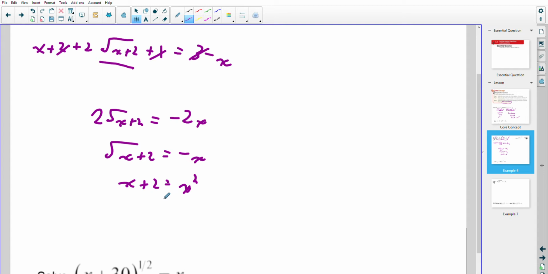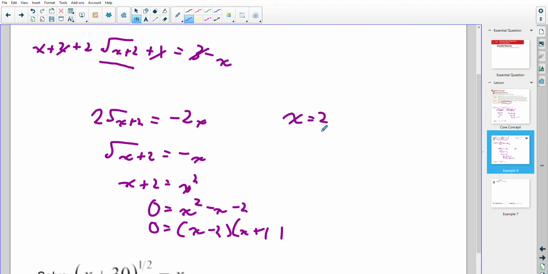Then we want to put everything equal to 0 and hope that you can factor it, which we can. So this becomes x and x minus 2 plus 1. So my two potential answers are x equals 2 and x equals negative 1.